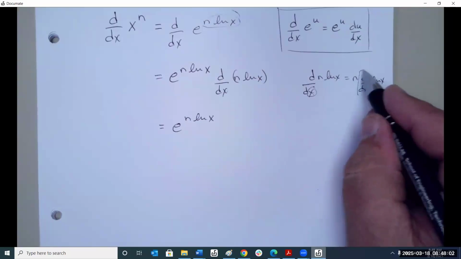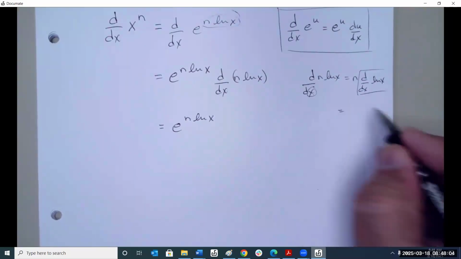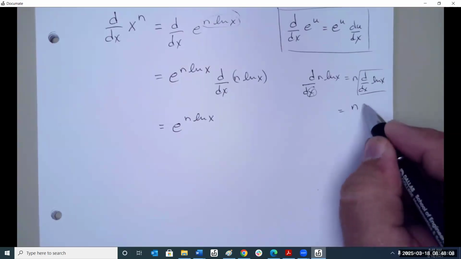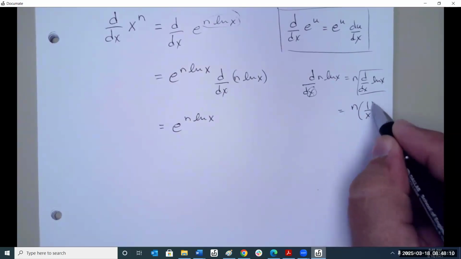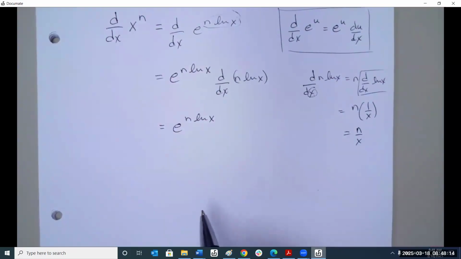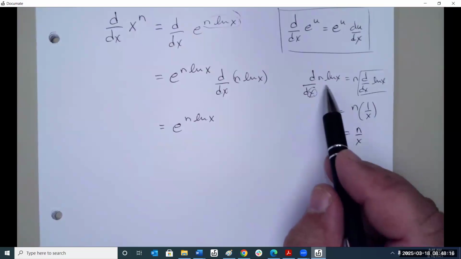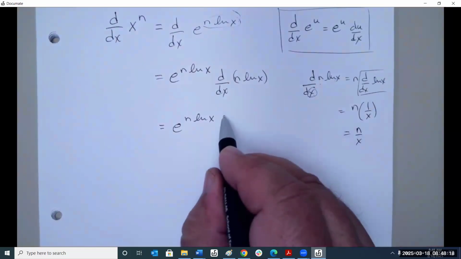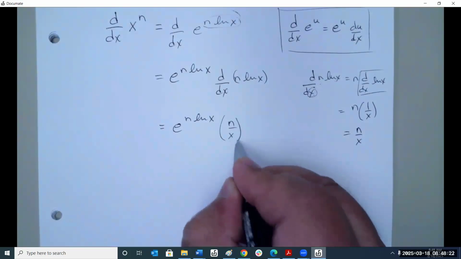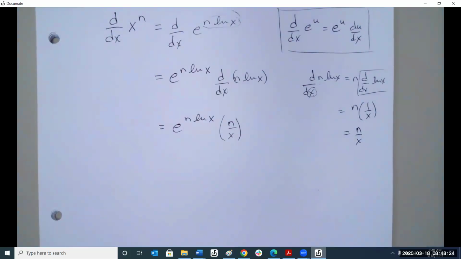What's the derivative of ln x? One over x. So that equals n over x. So the derivative of n ln x is simply n over x. Well, we haven't gotten to the proof yet.